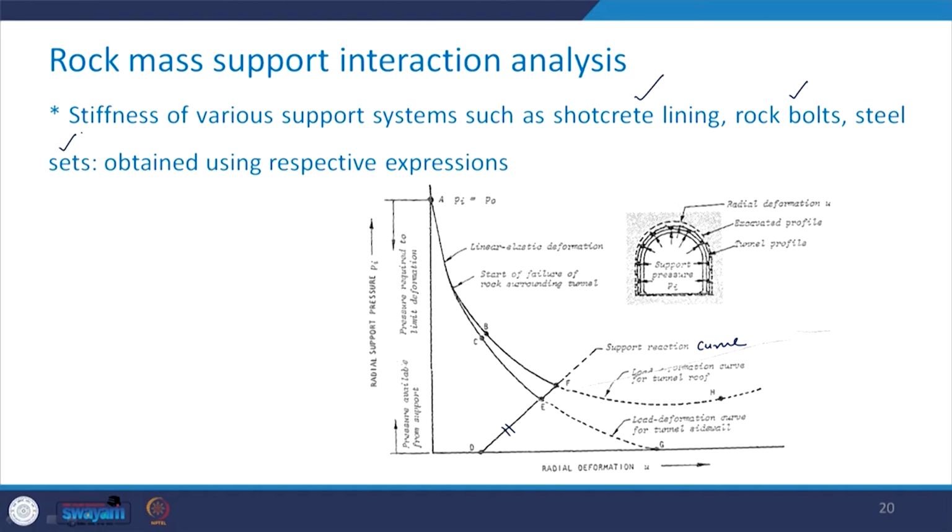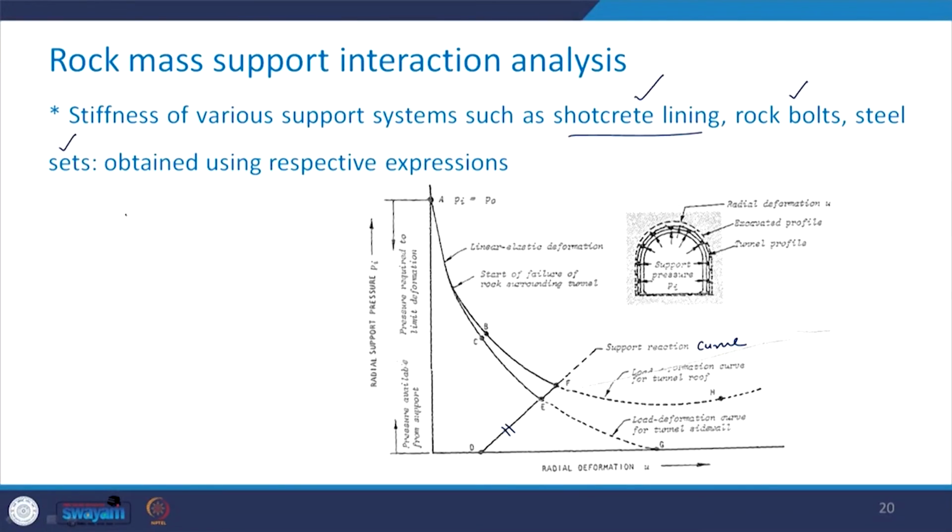Now, the stiffness of these support systems can be determined if we know the properties. Let us say we want to find out the stiffness of the shotcrete lining.